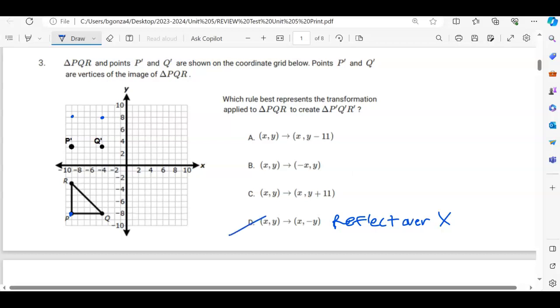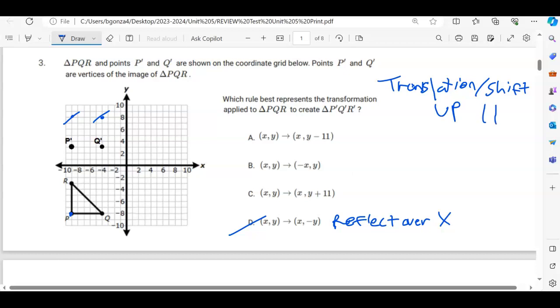It cannot be D. It does not reflect over the x. It's not up here, right? So what it really does is just shifts up. So this is a translation or a shift up. How much? Well, it's 1, 2, 3, 4, 5, 6, 7, 8, 9, 10, 11. Up 11.